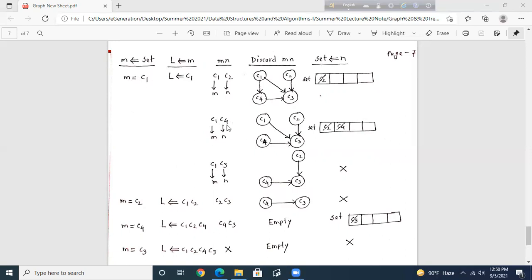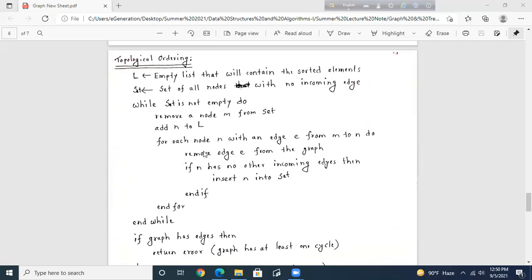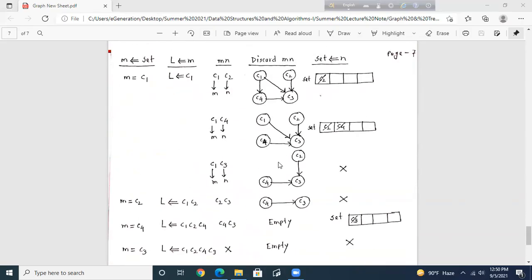Again, because I have written this part inside the loop, remove edge E from the graph. Because of that, dear student, the edge C1, C4 should be discarded from the graph. So I have discarded C1, C4, dear student. Now this is my graph.